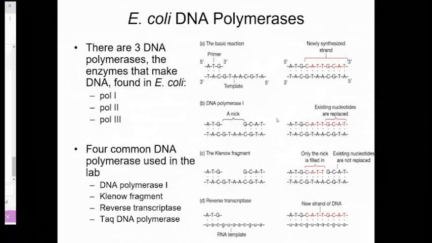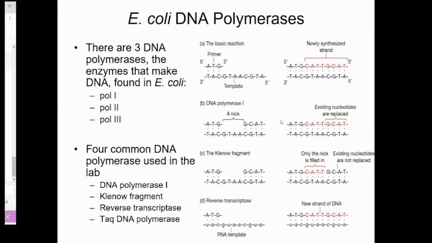And polymerase. It's very commonly used in the PCR reaction, because the DNA polymerase is responsible for the DNA synthesis. There are 3 different DNA polymerases that make DNA in E. coli, and 4 commonly used DNA polymerases in the lab: DNA polymerase 1, Klenow, reverse transcriptase, and Taq DNA polymerase.